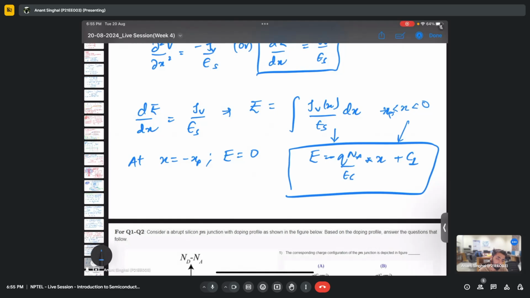Sorry, the integration of a constant is nothing but cx plus some constant k. So this is what I have written. Is it clear?